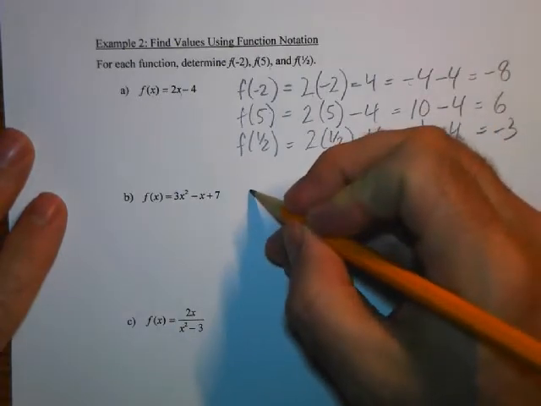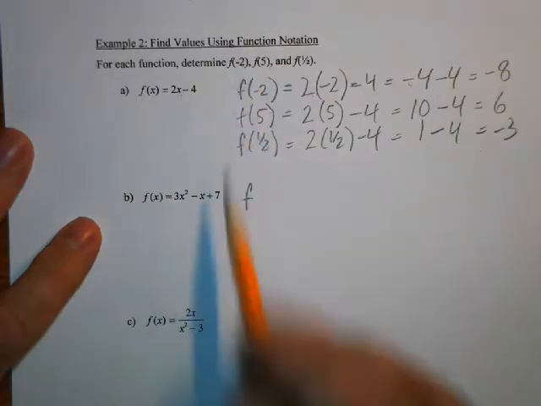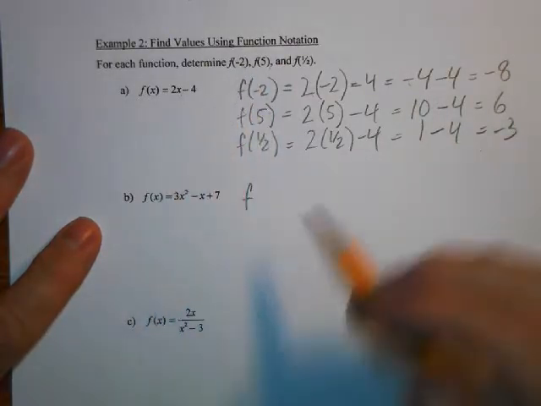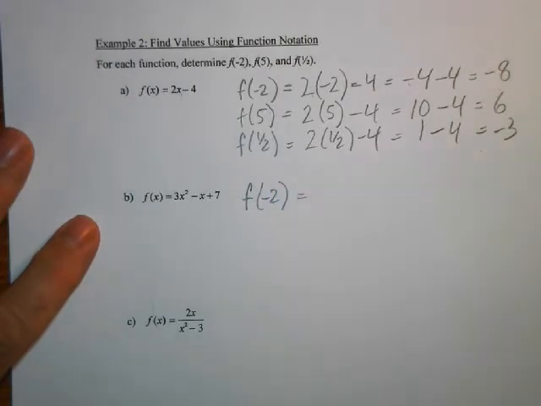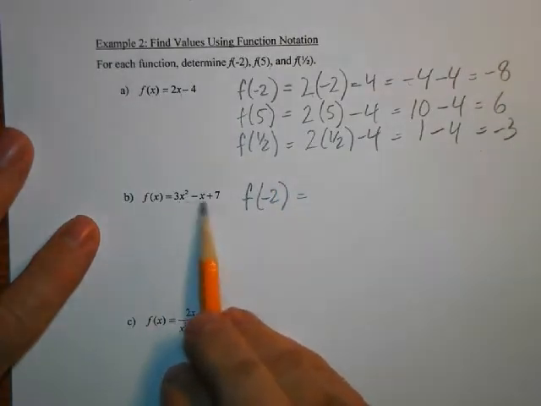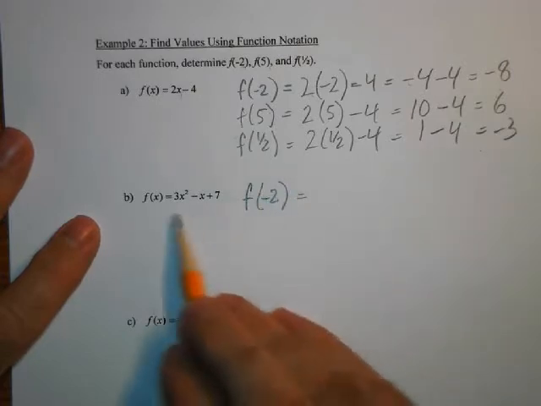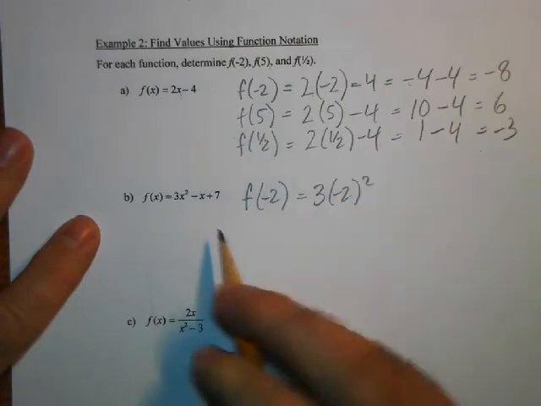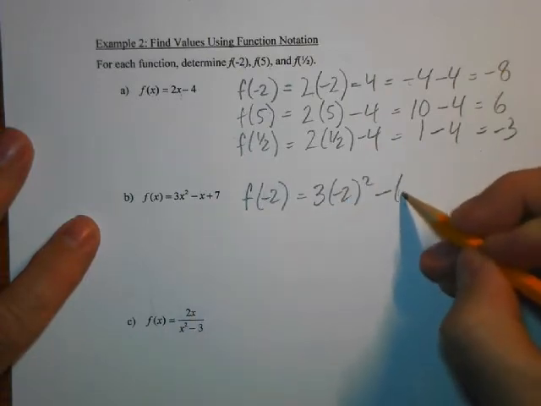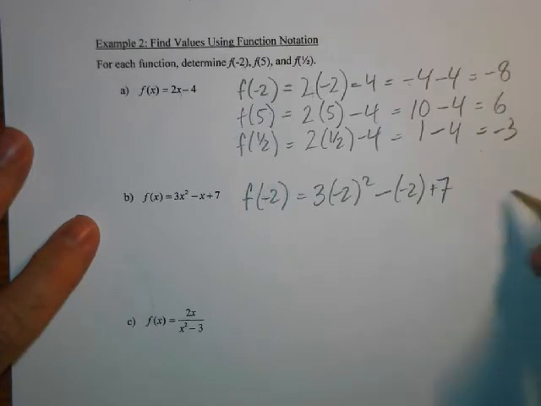So in this case, we do the same thing. We're replacing, again, x, the input, with -2. Now you can see in this function we've got x here twice, so we're going to be plopping in the -2 in brackets twice. So it's 3 bracket -2 squared minus -2 plus 7.